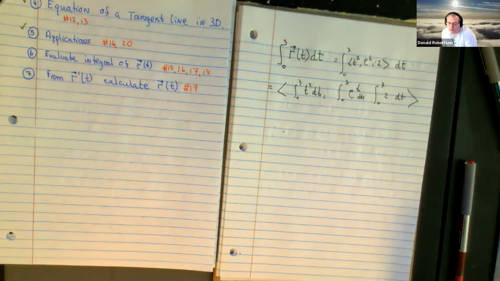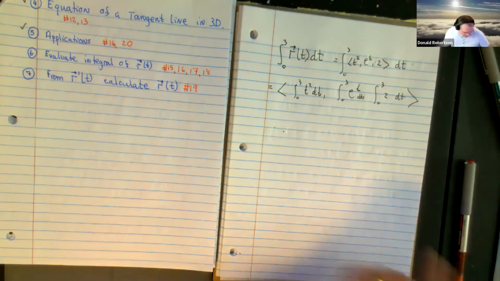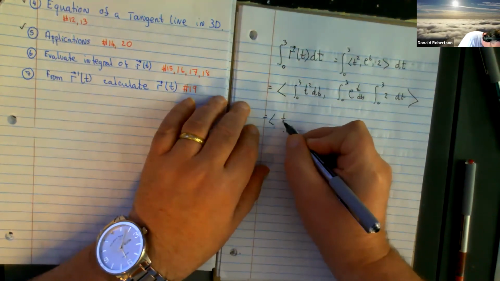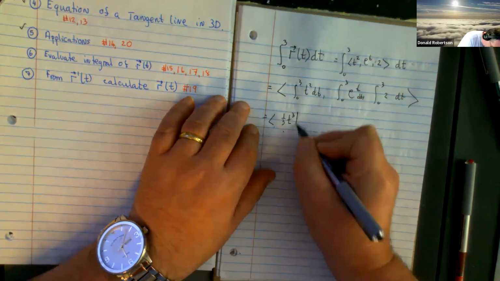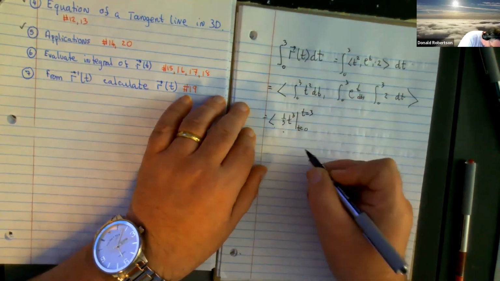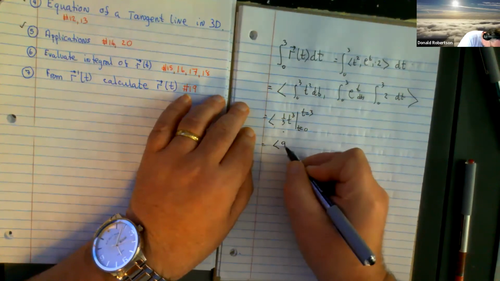It's a little bit long, but would you agree at least it makes sense? Can't you just integrate each one individually? Right, if you integrate this one, you will get 1/3 t cubed evaluated from 0 to 3, and that ends up being 9.